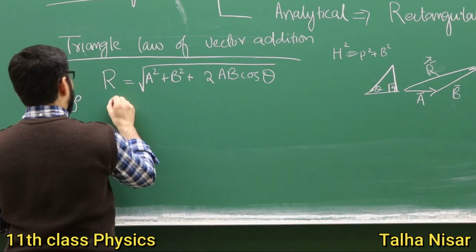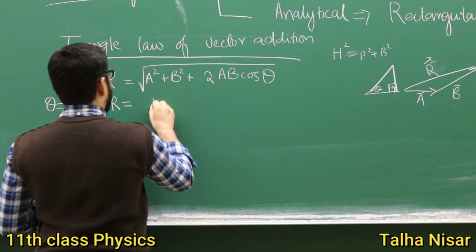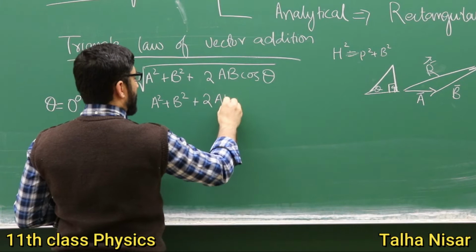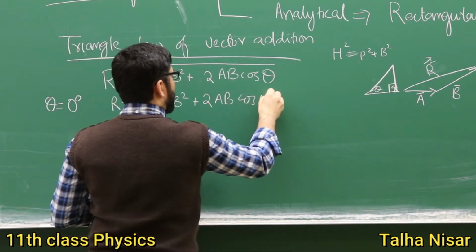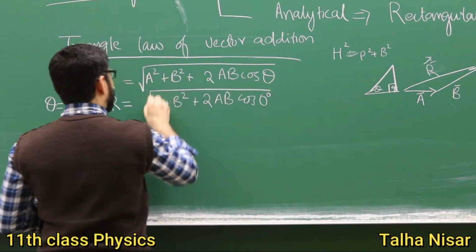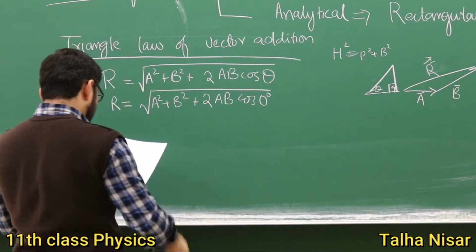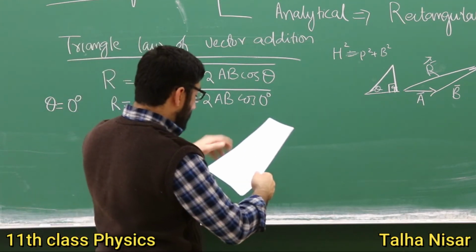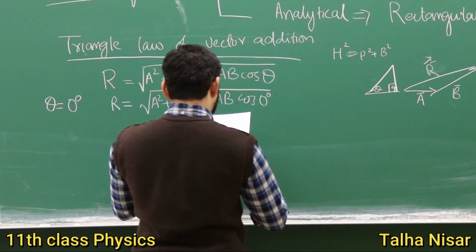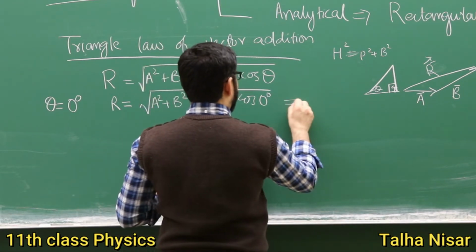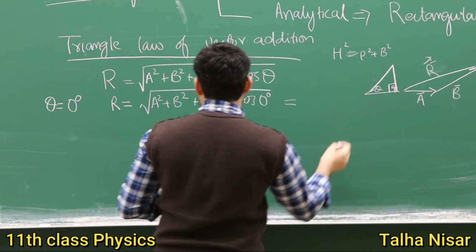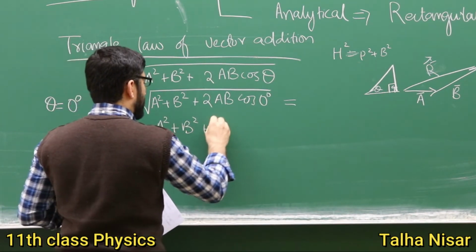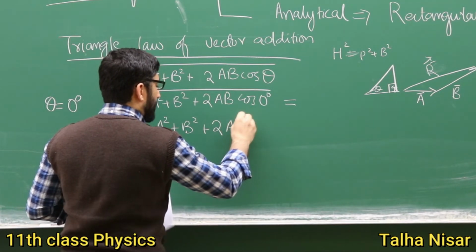So R equals the square root of A square plus B square plus 2AB cos of 0 degrees. Since cos of 0 is 1, the answer here is A square plus B square plus 2AB.